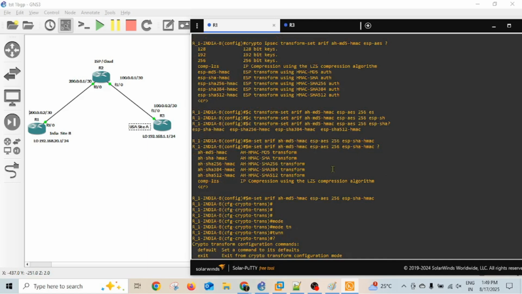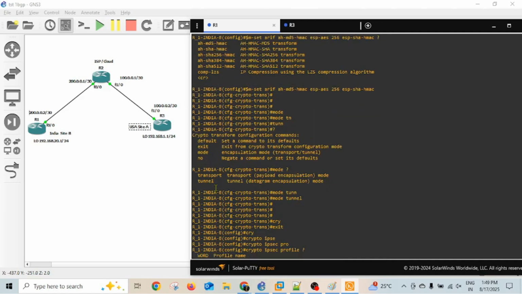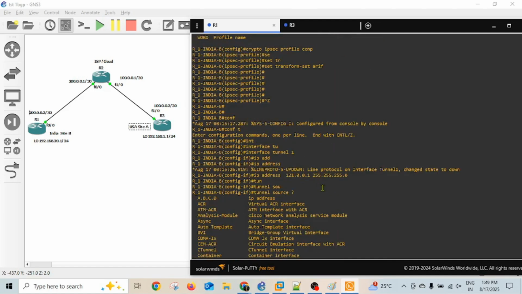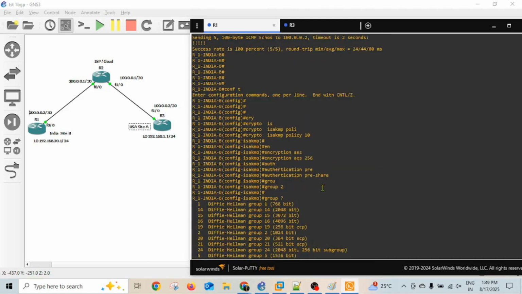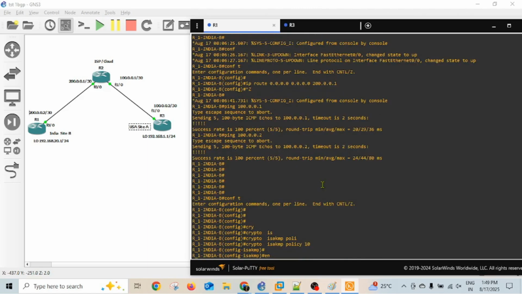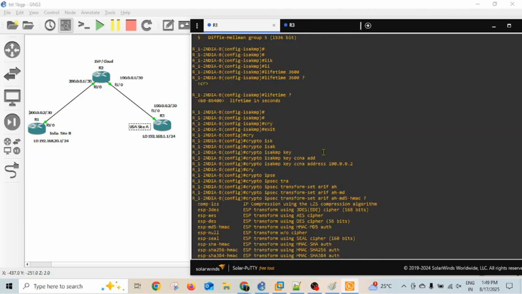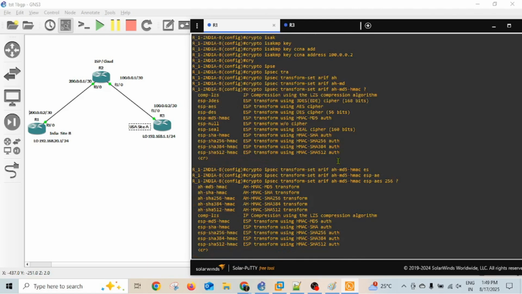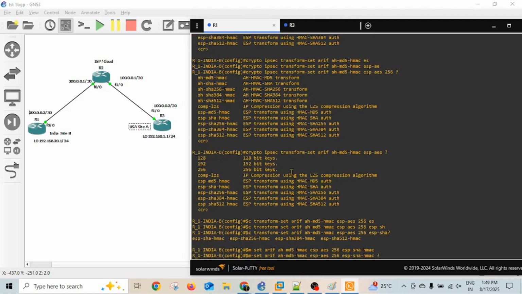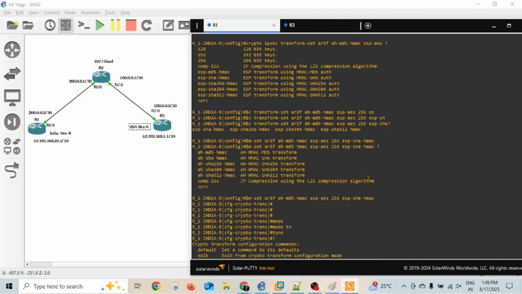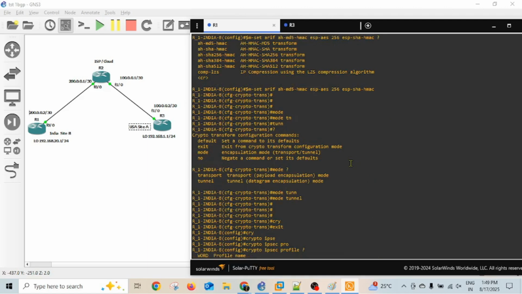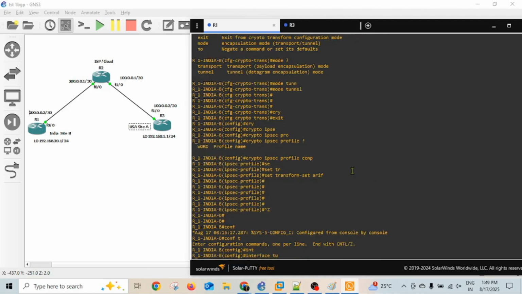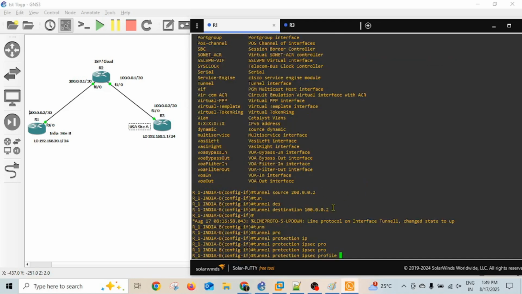Password is CCNA, and there is a tunnel mode. Transform set, my name, and then ESP. This is the profile. Okay. So profile will be CCNP.